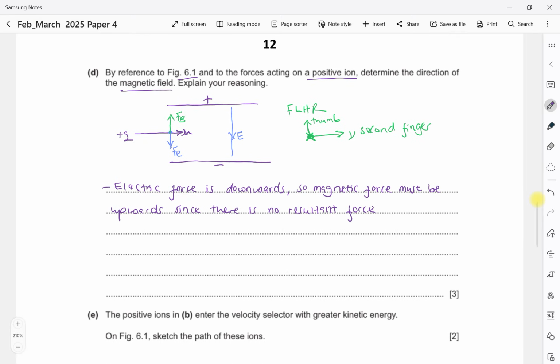Okay? Since the particle is positive, the current is from left to right, or the second finger points from left to right.